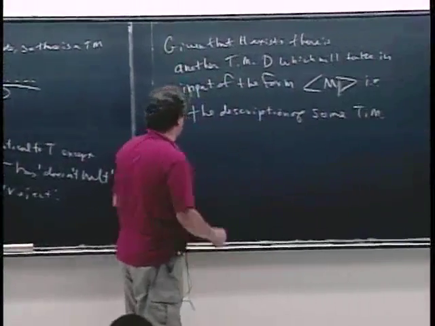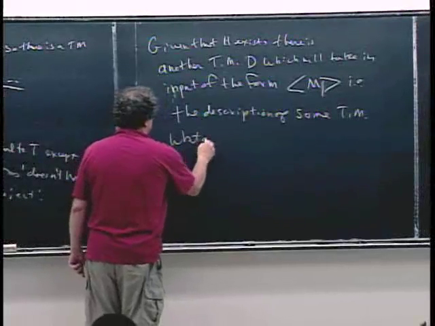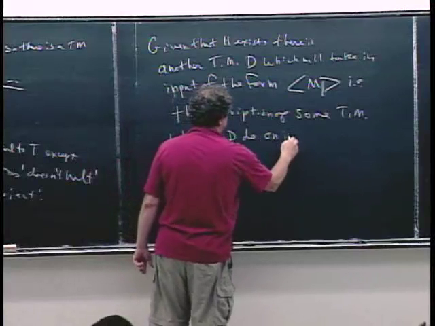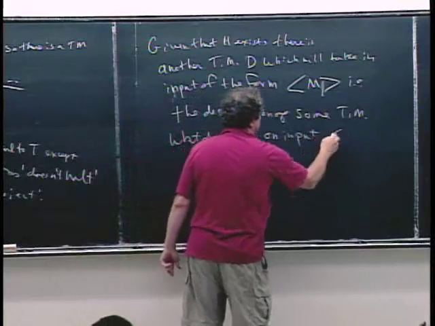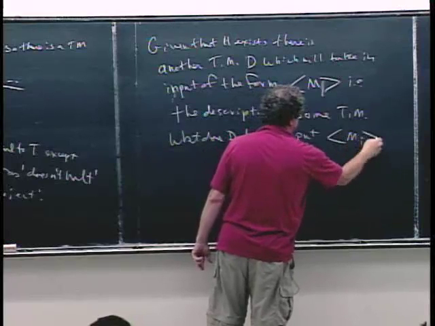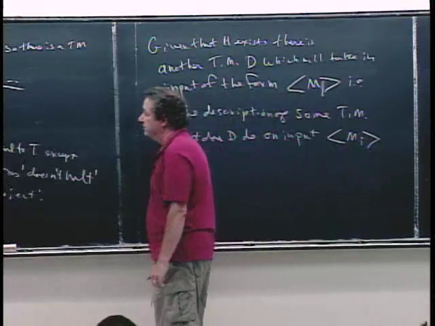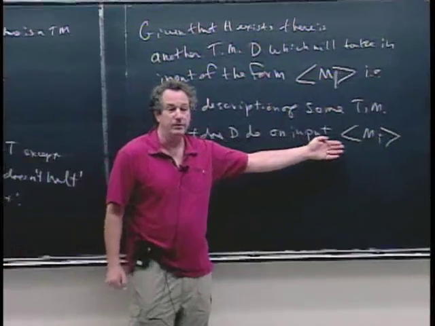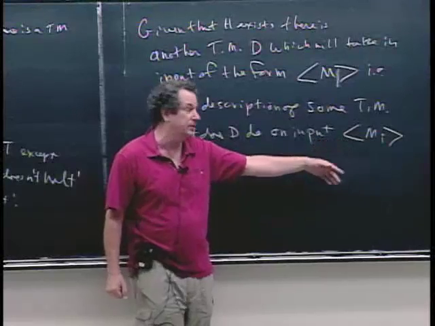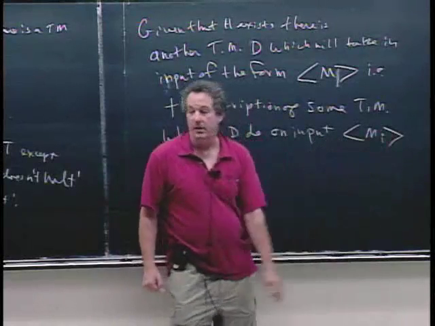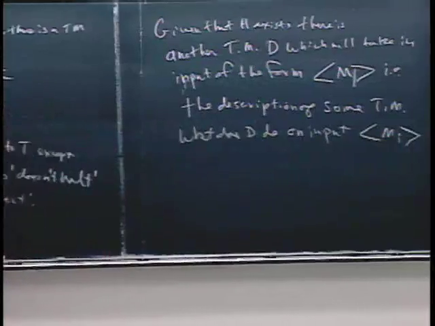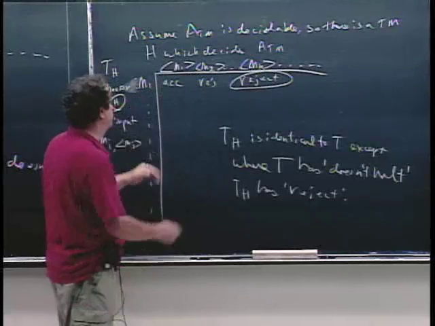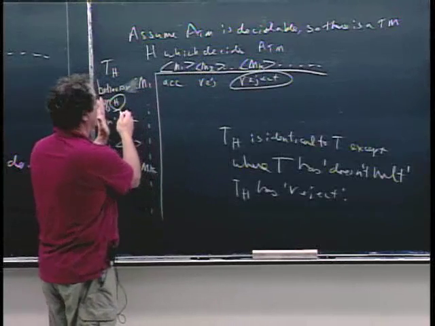And I want to describe what D does on input, let's say M_i. To describe what D does on each of these possible inputs, the input is a description of a Turing machine. What D does, if it gets M1, is it's going to do the opposite of what H did.